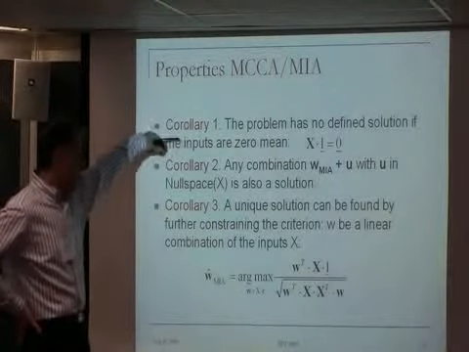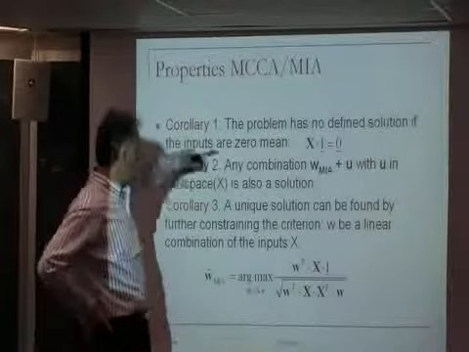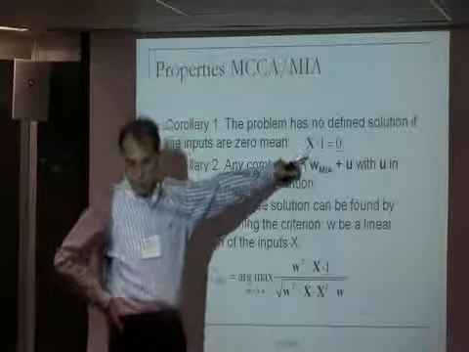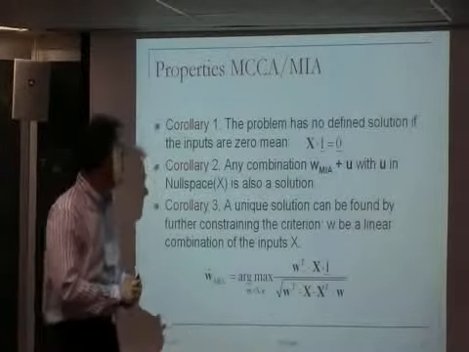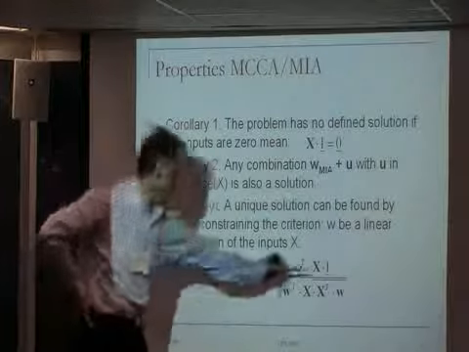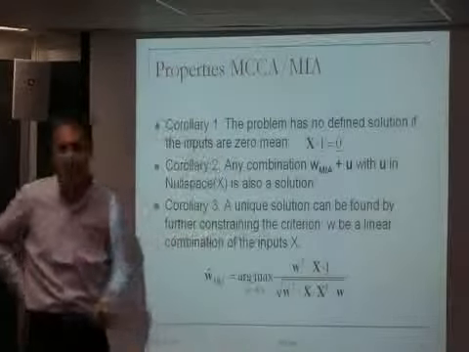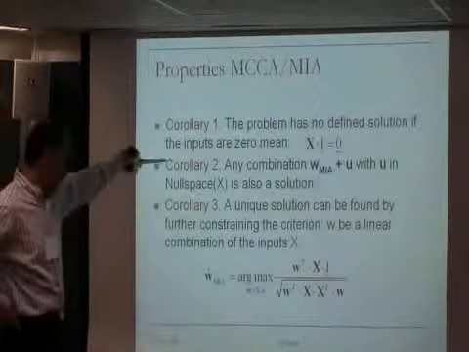Corollary 1: the problem has no defined solution if the inputs are 0. So we avoided that; we didn't subtract the mean, because then this would be 0 and the problem would be undefined.